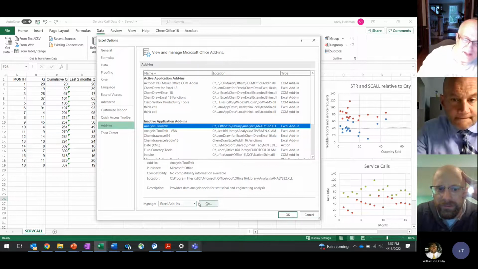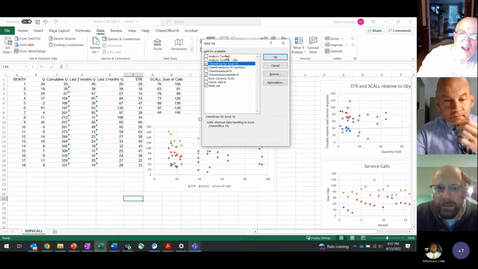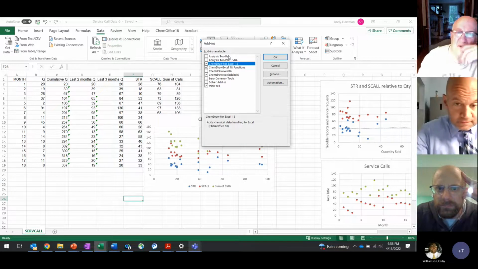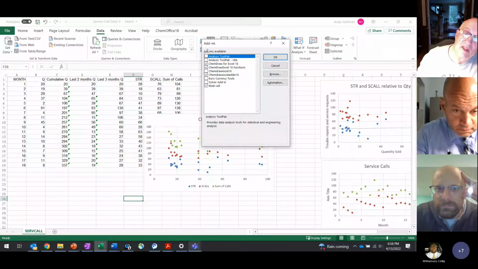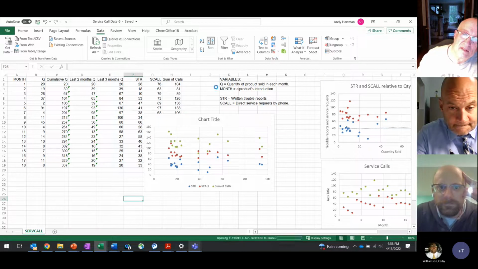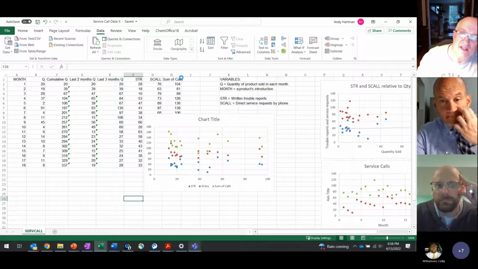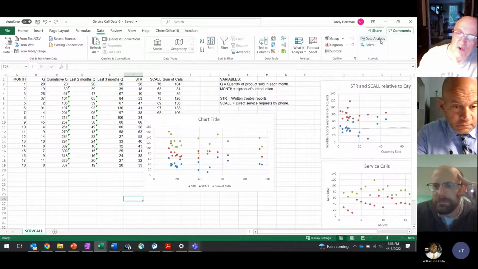Now you have all this stuff, and some other add-ins on there already. Click on Analysis Tool Pack, and click on Solver Add-in. Okay, and go OK. Now go to your Data tab, and it should show up there. Yeah, there it is. You have Data Analysis and Solver. So if you have a Windows PC, that's how you do it.